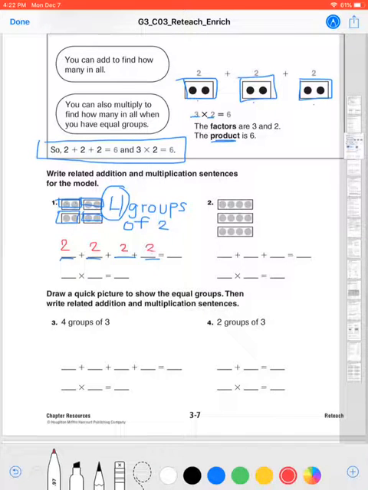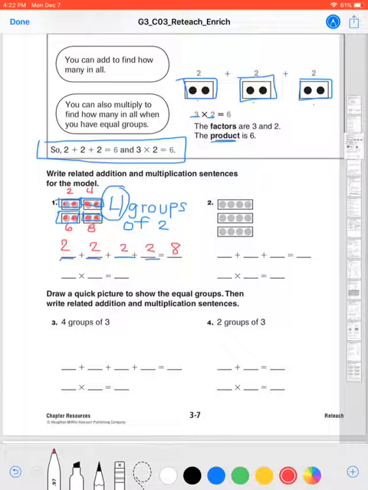So if we go ahead and count the dots, we've got 1, 2, 3, 4, 5, 6, 7, 8. So that would be our answer. Instead of counting individual dots, we could also skip count by 2s. So we could count 2, 4, 6, 8, and we would know we have 8 that way as well.